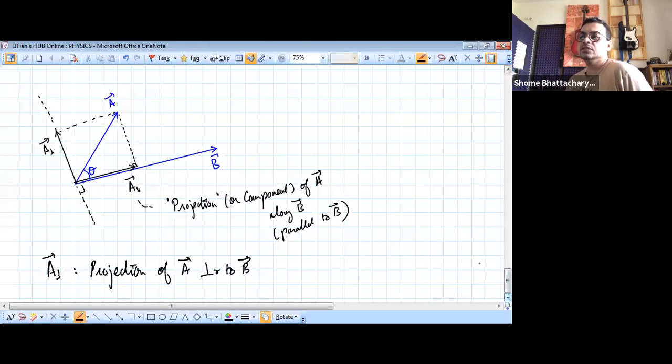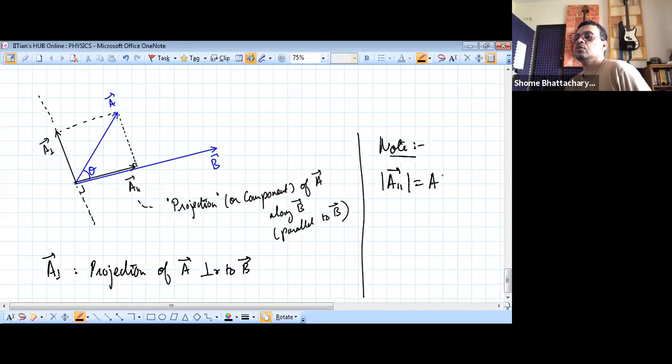Okay. Now the next thing you can see is that the magnitude of the parallel component is how much? It is A cos theta. And the magnitude of the perpendicular component is how much? It is A sin theta. Okay.